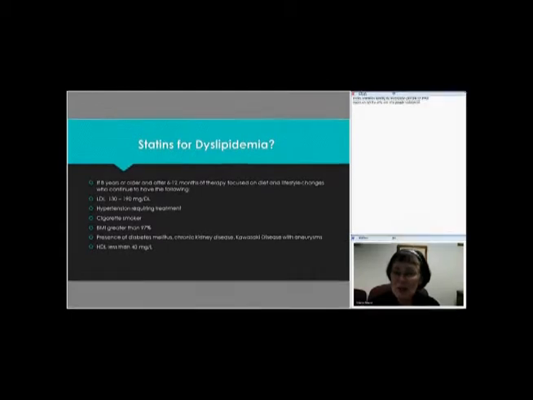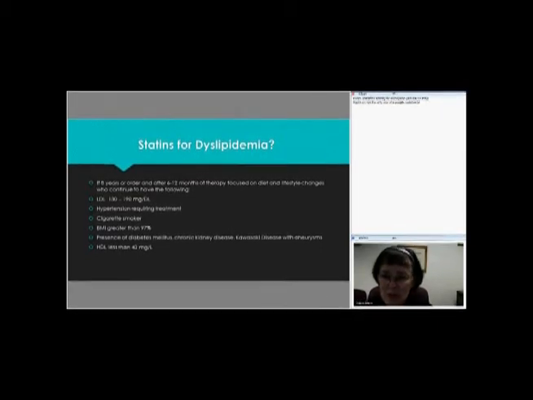So, when do you give statins to children? We used to never consider, or even talk about for that matter, giving statins for dyslipidemia to children. But now we know better, especially if they're 8 years and older.